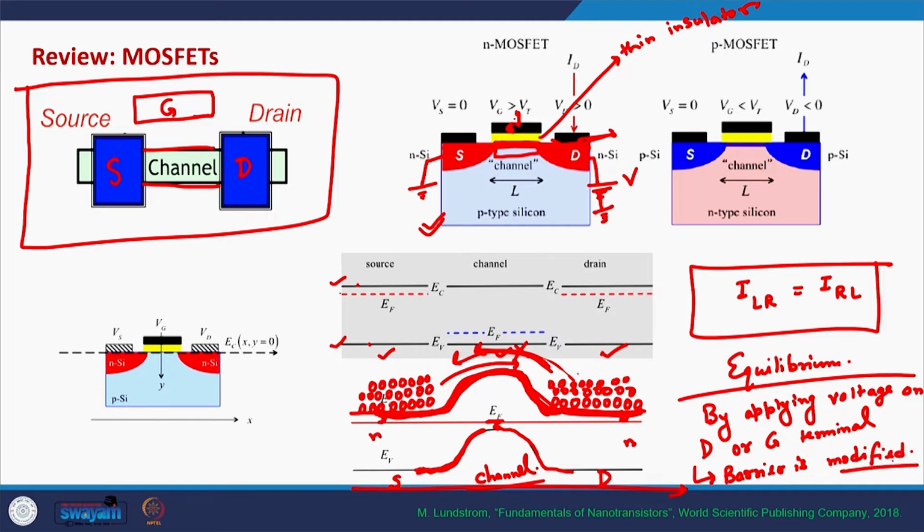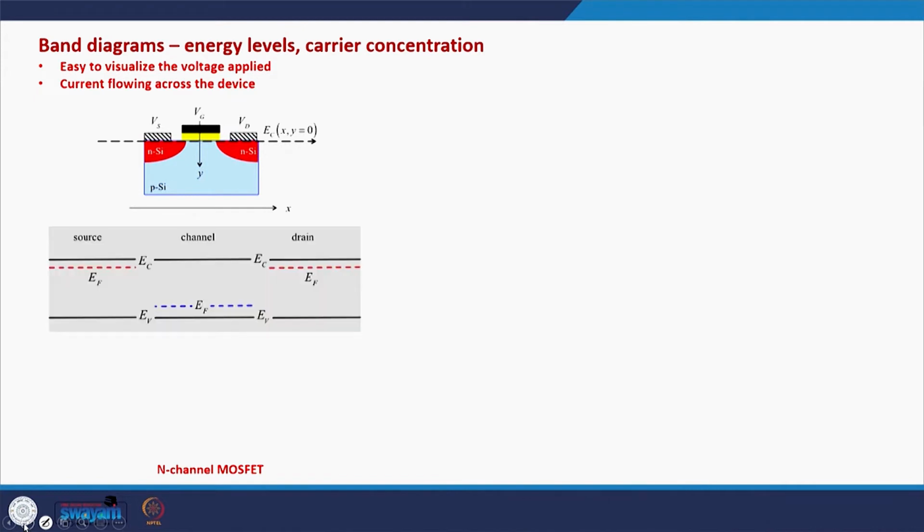Whenever the barrier is modified in such a way that more electrons can go from one side to the other side than can come from the other side, then there is an imbalance between the left flow and the right flow, and net current flows in the device.